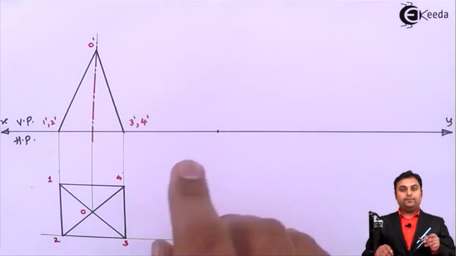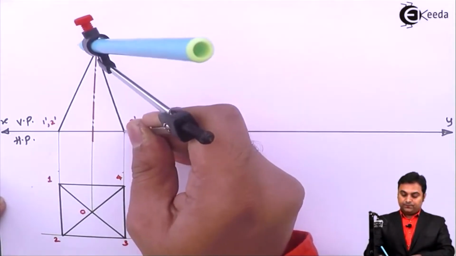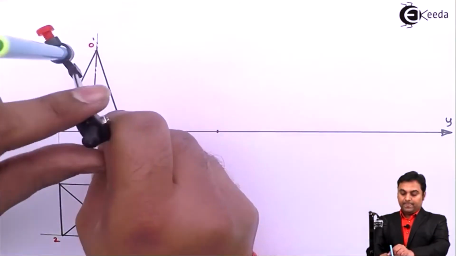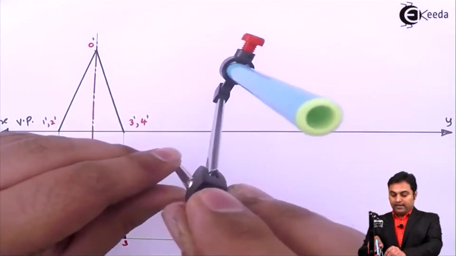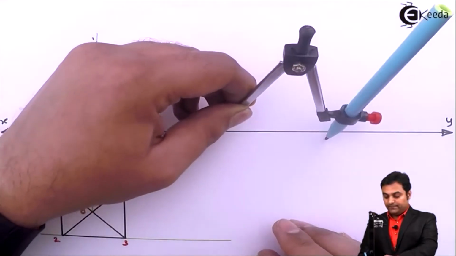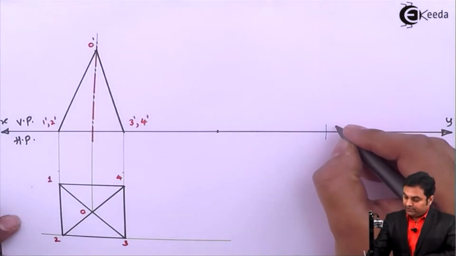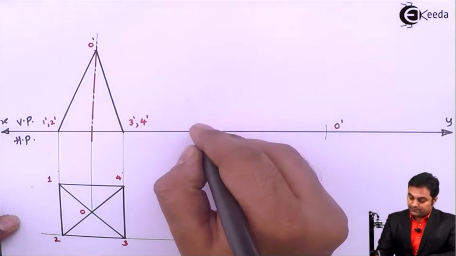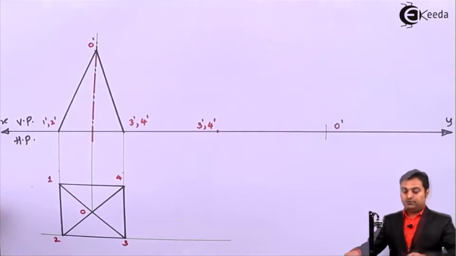Marking a point here and taking this slant edge of the pyramid, which is actually the triangular face O34 from the front view, and making it parallel with the XY line. So here there will be O dash and this is 3 dash comma 4 dash.